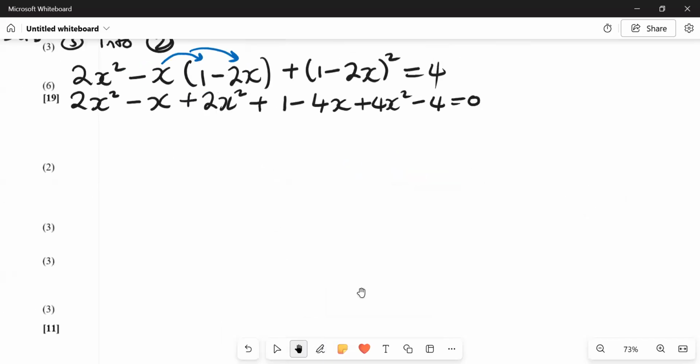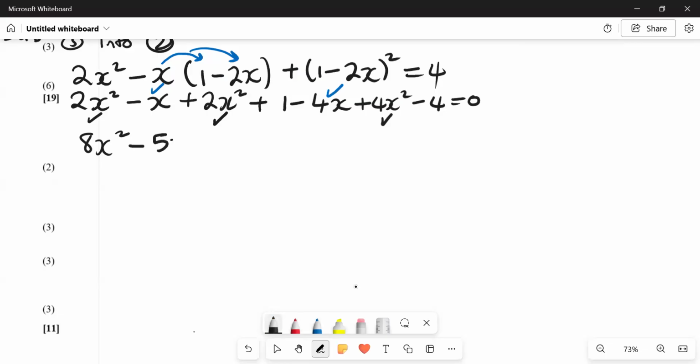Okay. From here, let's take care of the like terms and see where we get with that. So you have your 2x squared and 4x squared, which will give us 8x squared. And then you have your x and your minus 4x there, that would give us minus 5x.